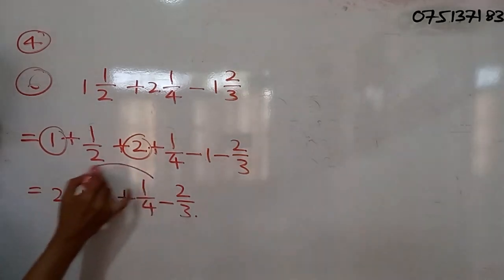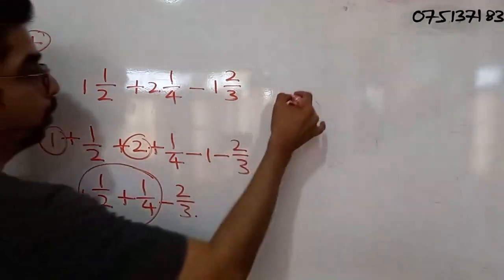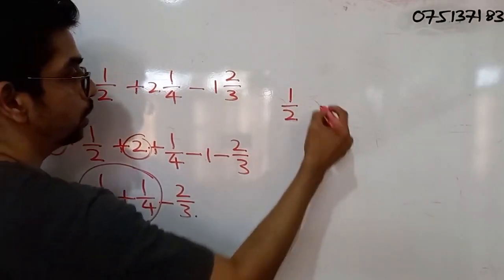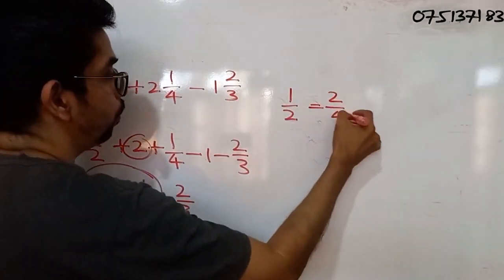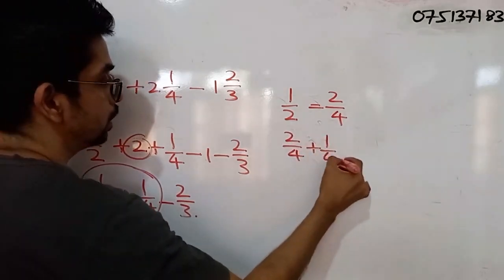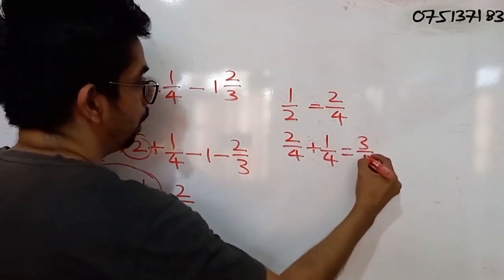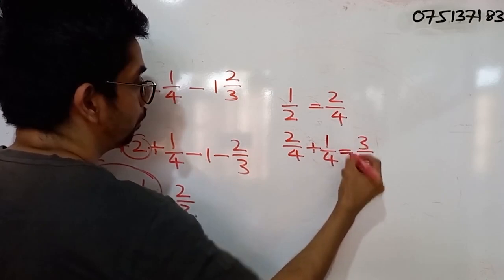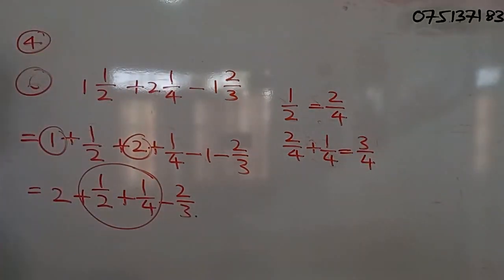So if we take these two fractions, we know 1 by 2, that is 2 by 4, no? So if we add another quarter to this, this becomes 3 by 4. Right? Now what do we have to do? 2 plus 3 by 4 minus 2 by 3.